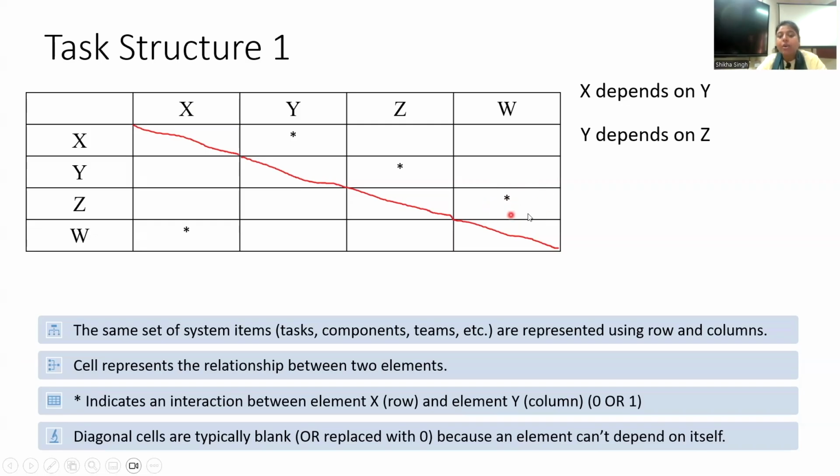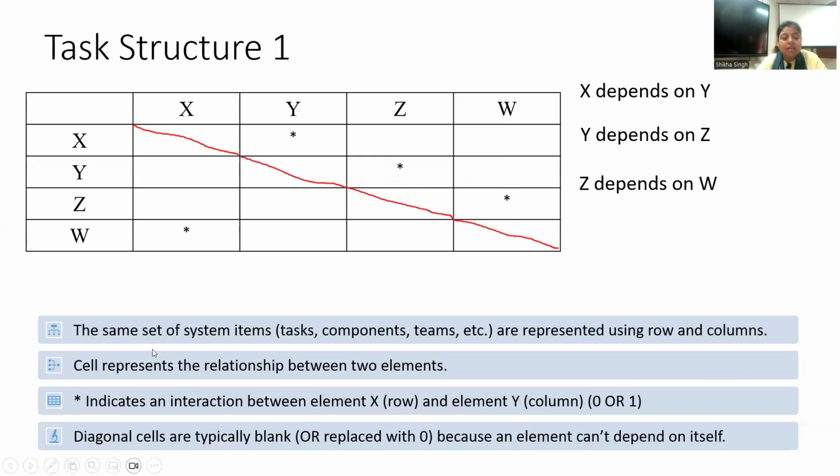Again, Z is the information receiver and W is the information provider. So I should say W is the predecessor to Z, or another way, Z depends on W to receive the information.